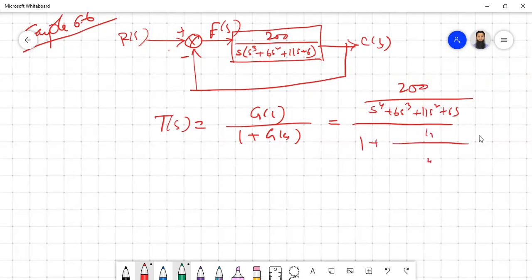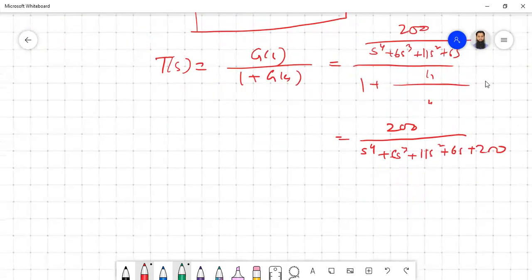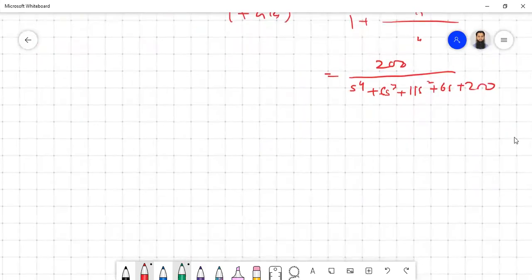So eventually after simplification, this 200 will be just added there. So basically 200 divided by s to the power 4 plus 6s cubed plus 11 s squared plus 6s plus 12. Now we have our table, sorry, the characteristic equation.